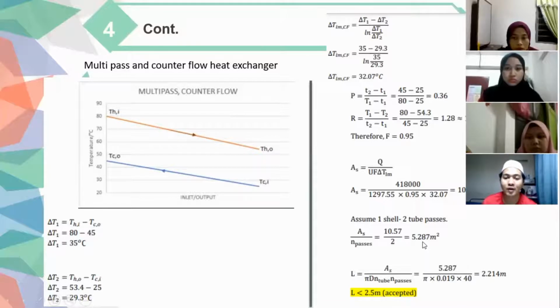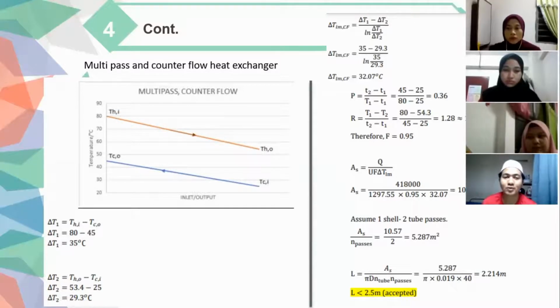For this part, we divide the surface area by the number of passes, which is the same as this equation, but we simplify it and get 5.287. Therefore, the length for the heat exchanger is 2.214 meters, and this length is less than 2.5 meters.